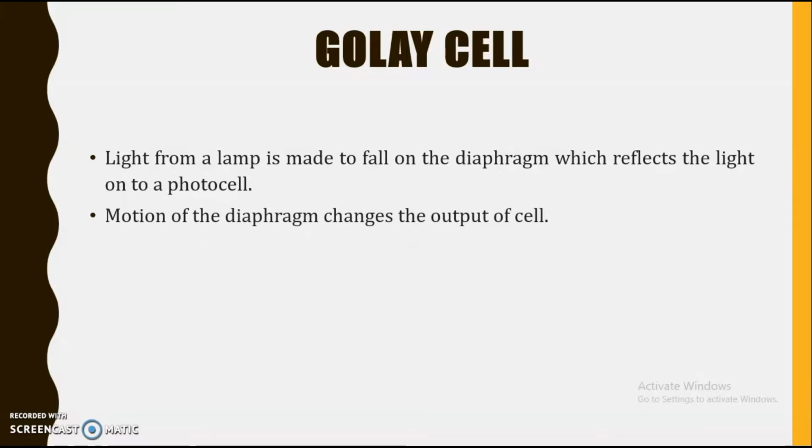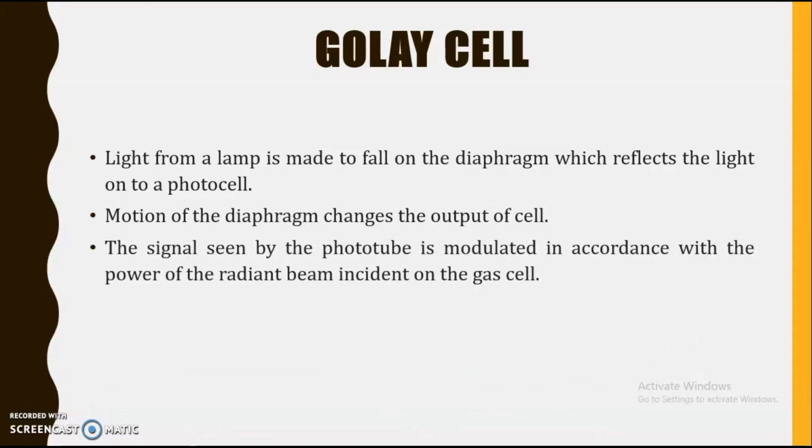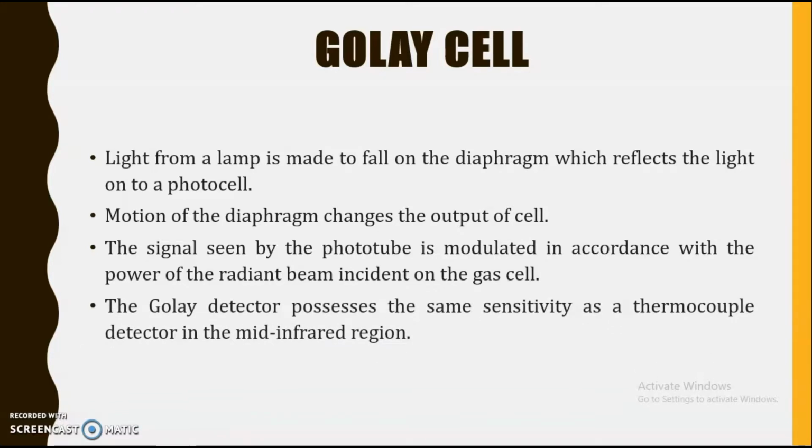And the motion of the diaphragm changes the output of the cell. Meaning, the movement of this diaphragm depends upon the amount of radiation falling on the metal end. When the signal seen by the phototube is modulated in accordance with the power of the radiant beam incident on that gas cell, the Golay detector cell possesses the same sensitivity as the thermocouple detector in the mid-infrared region.